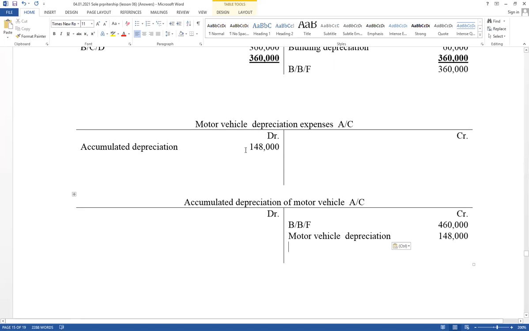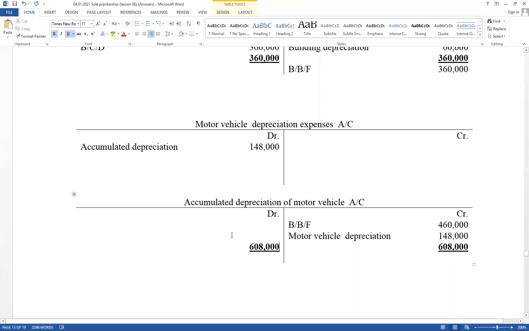Then this value should be included under distribution expense as motor vehicle depreciation expense, and accumulated depreciation in the financial position under non-current assets. The closing balance should be calculated. Accumulated depreciation account is an asset account, but we can see a credit balance. The reason is the effect for an asset decrease. If it is an asset account, the balance should be carried down. Then take the credit side total amount, 608,000. Take that value on the debit side.